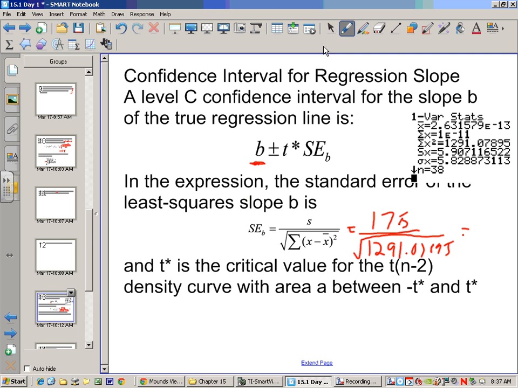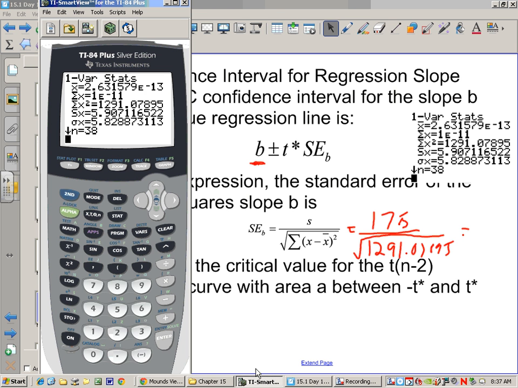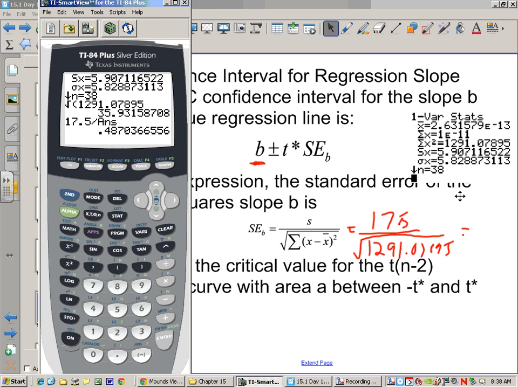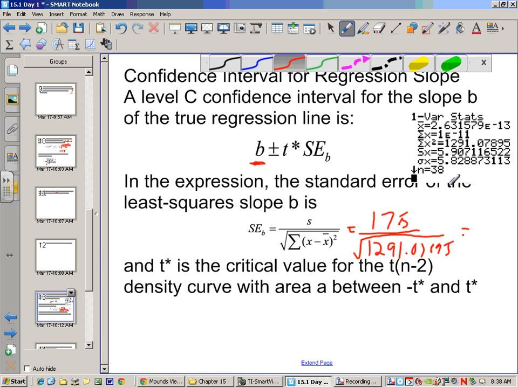So now what I do is I take the square root of 1291.07895, get an answer, and I want 17.5 divided by that answer, which is 0.48. So 0.48 is the standard error for my slope.